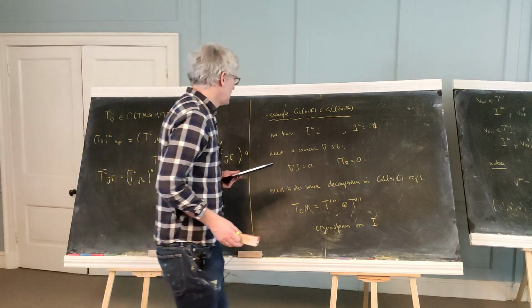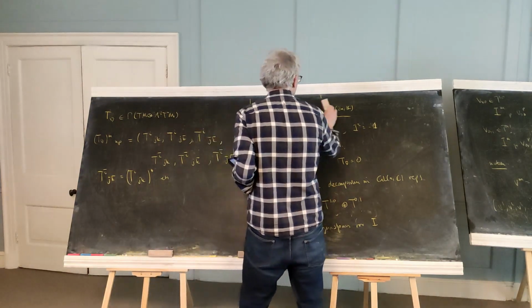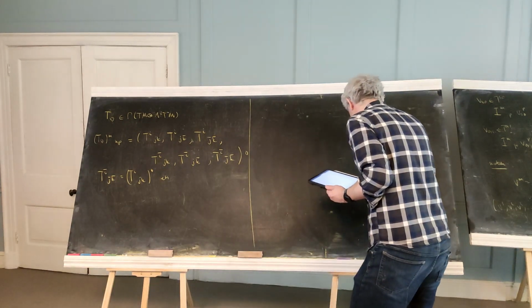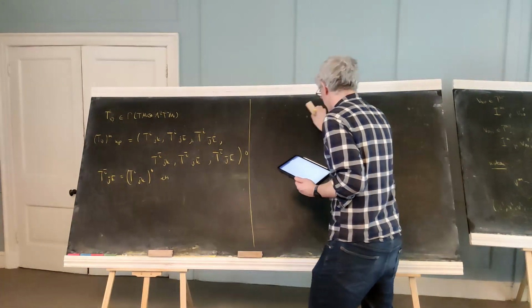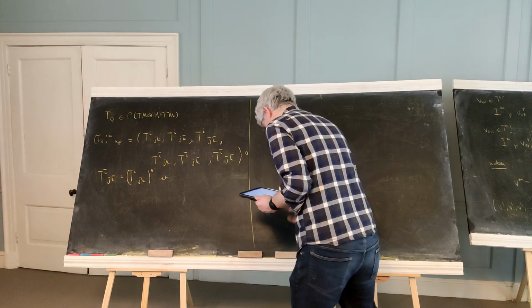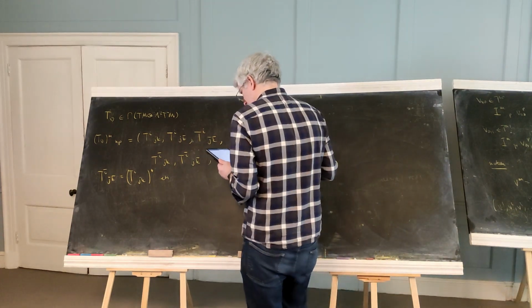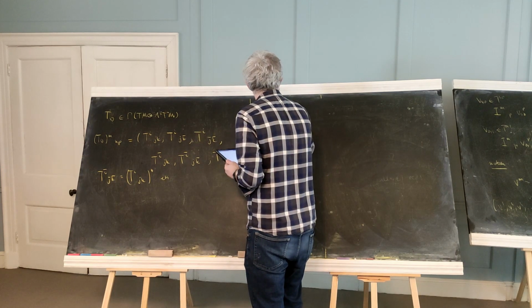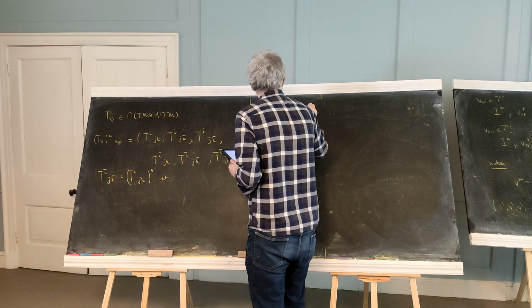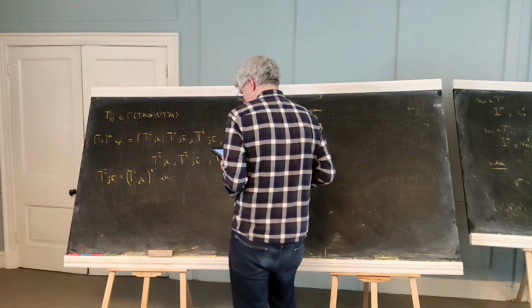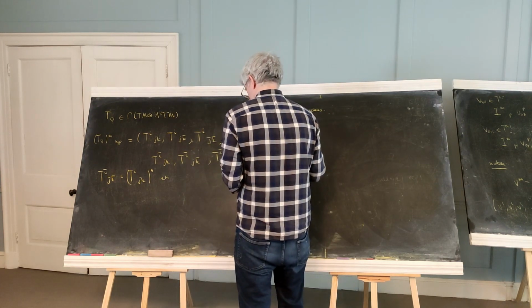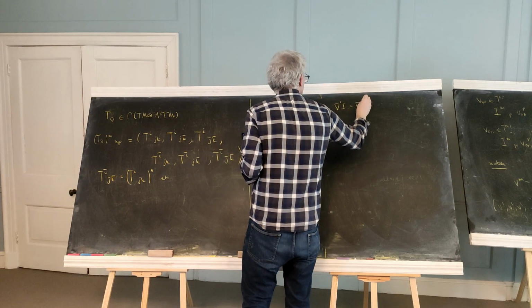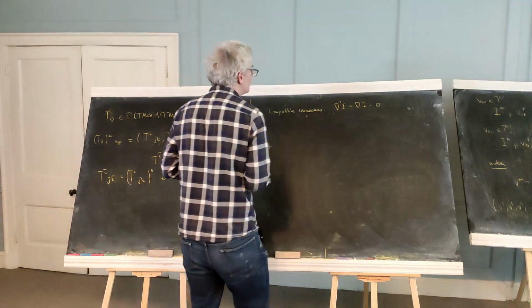So now we need to think about compatible connections. Suppose we have two compatible connections. I said we could always find one.